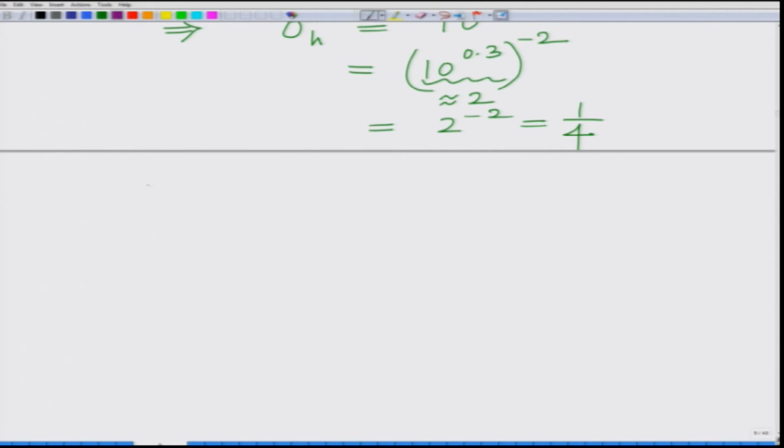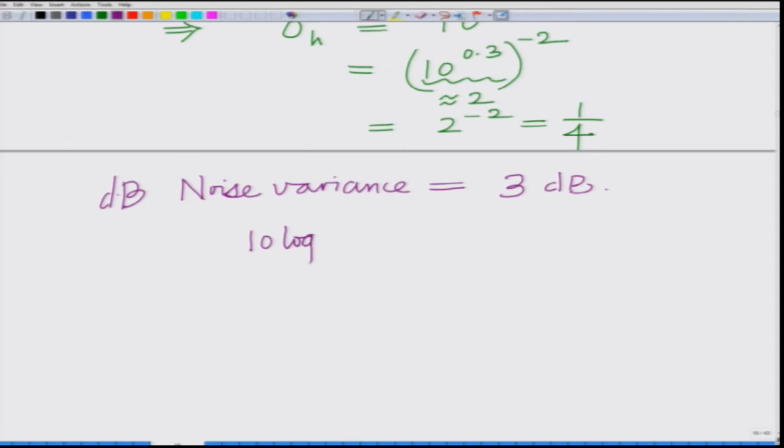Let us assume the noise variance in dB equals 3 dB. This is straightforward, because 10 log 10 sigma square equals 3 dB, which implies sigma square equals 10 to the power of 0.3, which is 2, because we know 3 dB corresponds to 2.